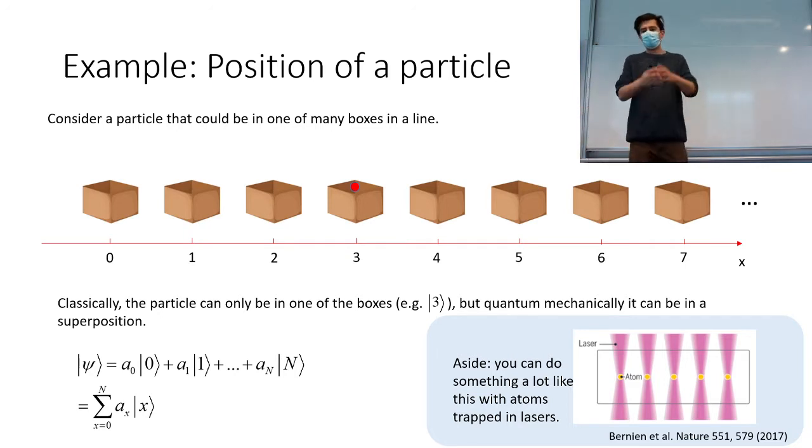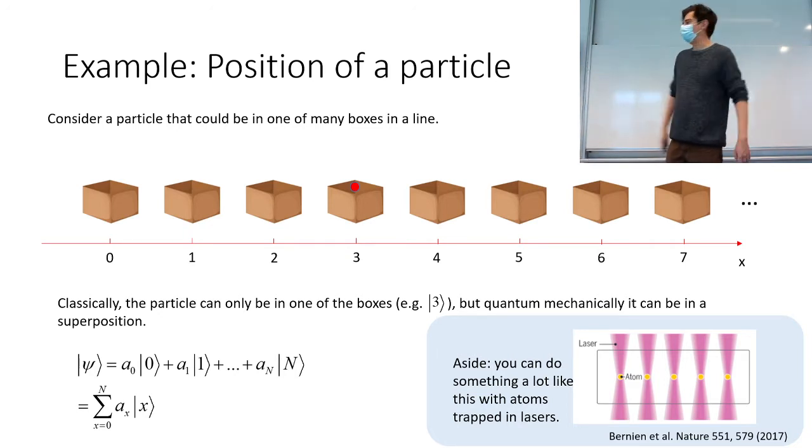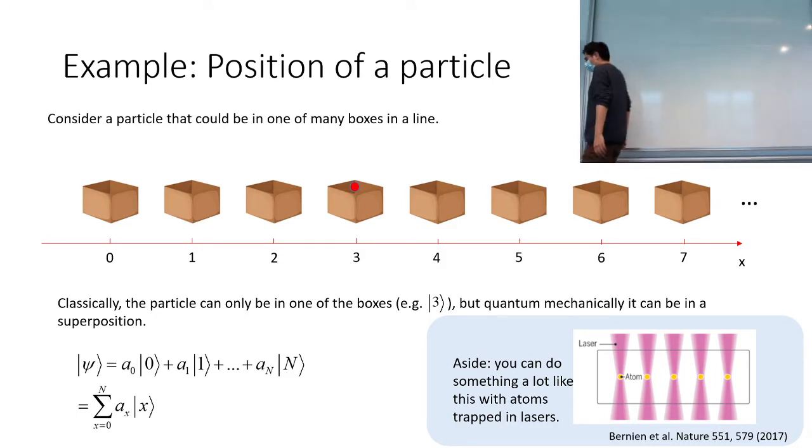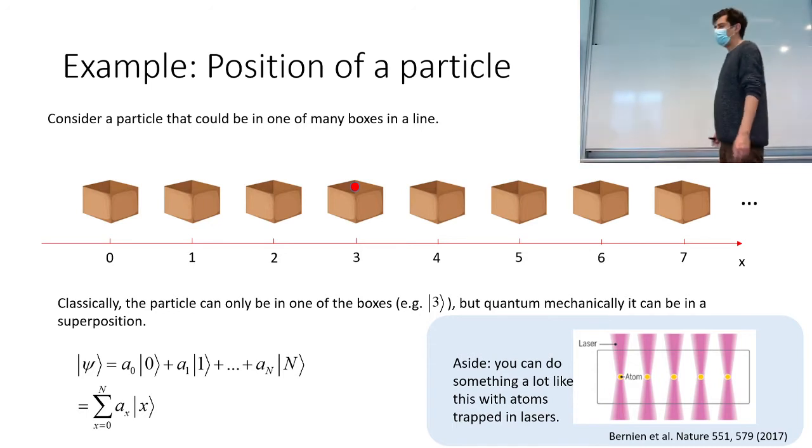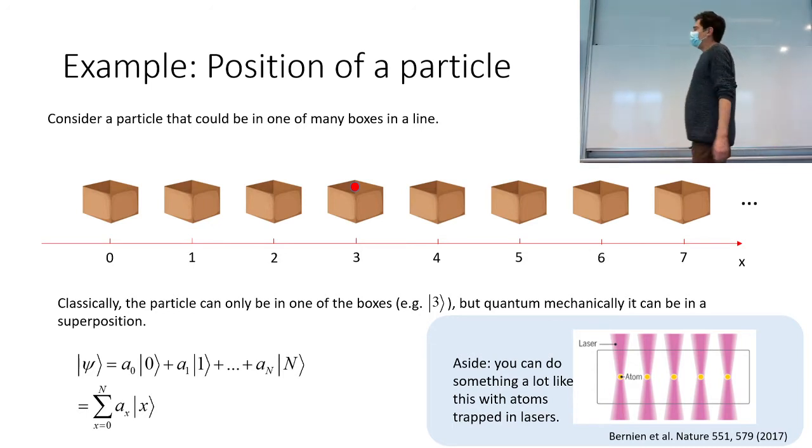It could be in some kind of combination of those, and then we would write that as some wave function like this. So the 0 means it's in box 0, 1 is in box 1, and we're allowed to have some kind of complex coefficient on all those states because we live in a quantum mechanical world, so why not?